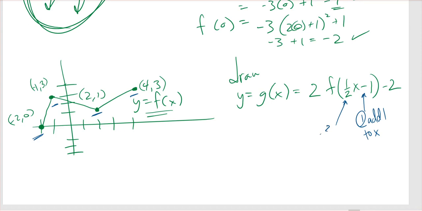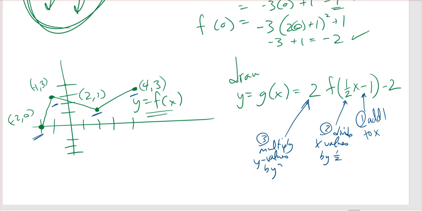Second thing is we're going to divide x values by 1/2, or we could say multiply by 2, right? Then we move outside, so this 2, so our third step, we're going to multiply y values by 2, and then our fourth step, we're going to subtract 2 from y.